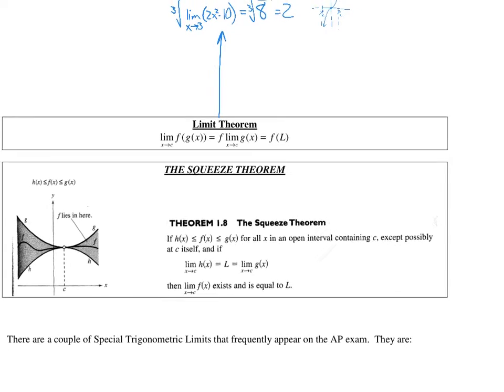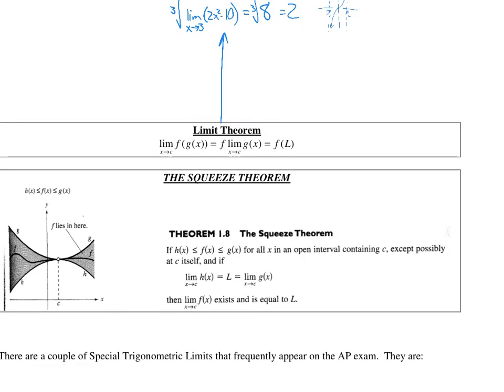Alright, so now we have the squeeze theorem. The squeeze theorem is kind of an interesting theorem, but it's used to find limits when we're dealing with a function that we are having a hard time working with. So let's read this here.